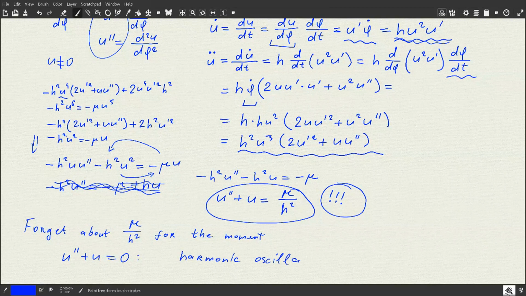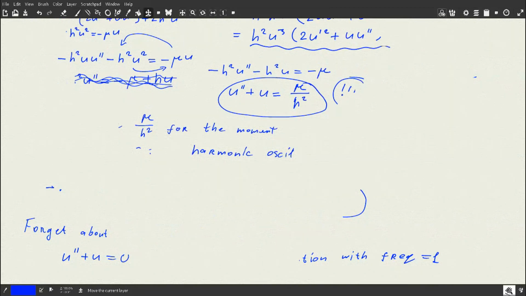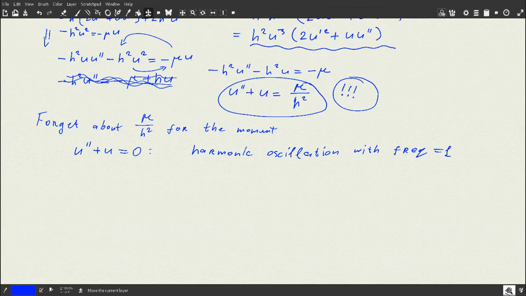Moreover, it is a very good harmonic oscillator with frequency equal to 1, because we have coefficient just 1 in front of u. We already know the solution.